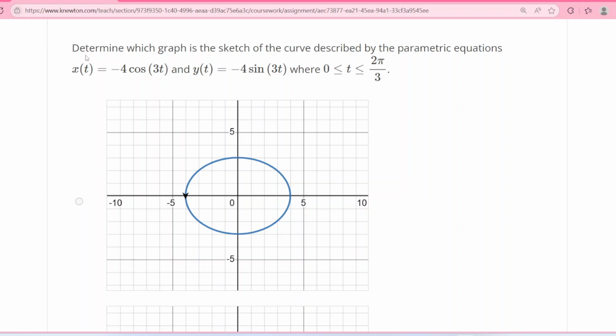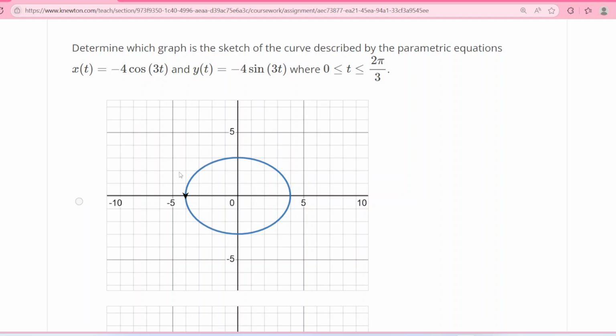We're asked to determine which graph is the sketch of the curve described by the parametric equations x of t equals -4 times the cosine of 3t, and y of t equals -4 times the sine of 3t, where the value of the parameter t ranges from 0 to 2 pi over 3 radians inclusive.